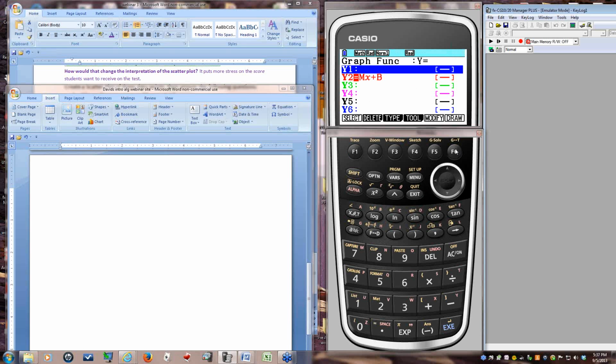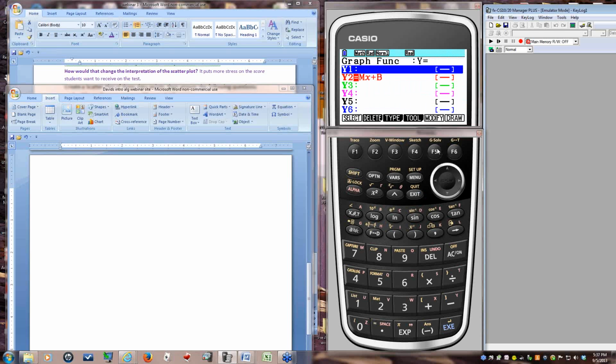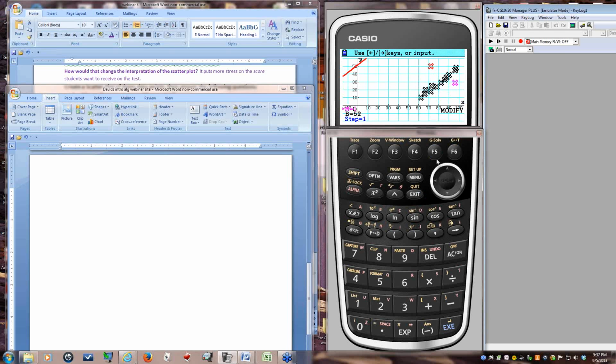If I hit draw, it's still going to draw the same line that I had, which is a goofy line because it's still using those old values of a y-intercept of 52 and a slope of 1. Obviously, that's not the line I want anymore. One thing you can do before you show this to students is go in and modify the slope to begin with.